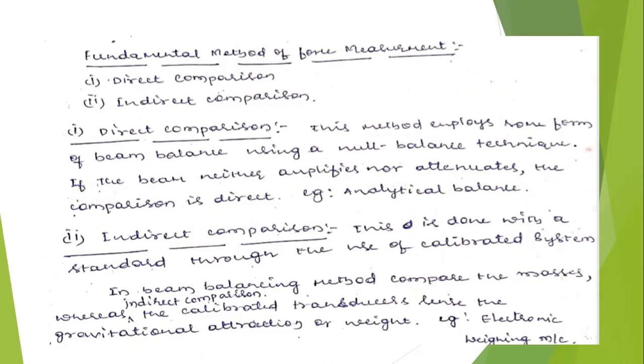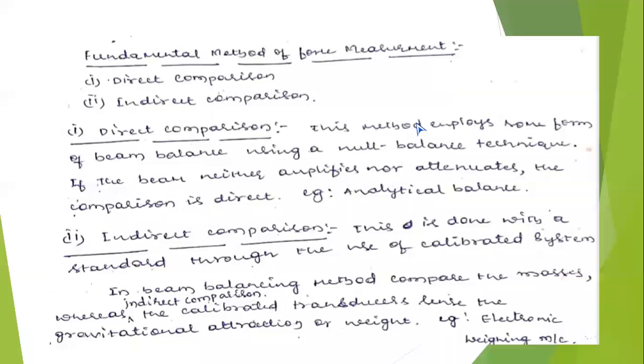Beam balance means when the two pans and the beam come to the symmetrical position, that is the measurement. A very good example is the analytical balance used in the chemistry laboratory, and also the weighing machines used in vegetable shops. That's a very good example for direct comparison.